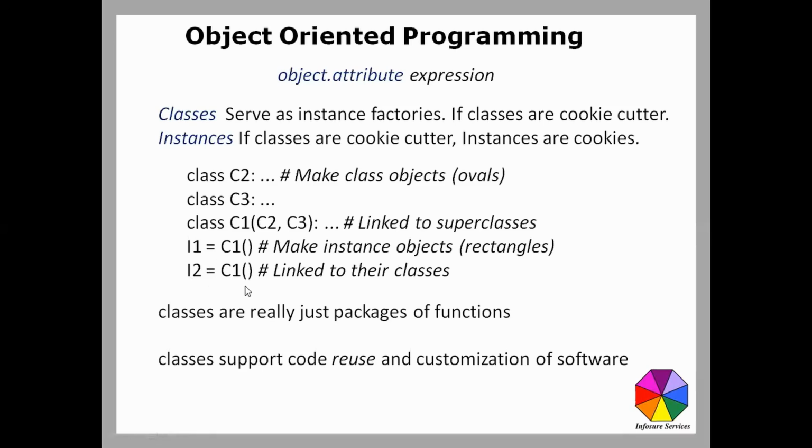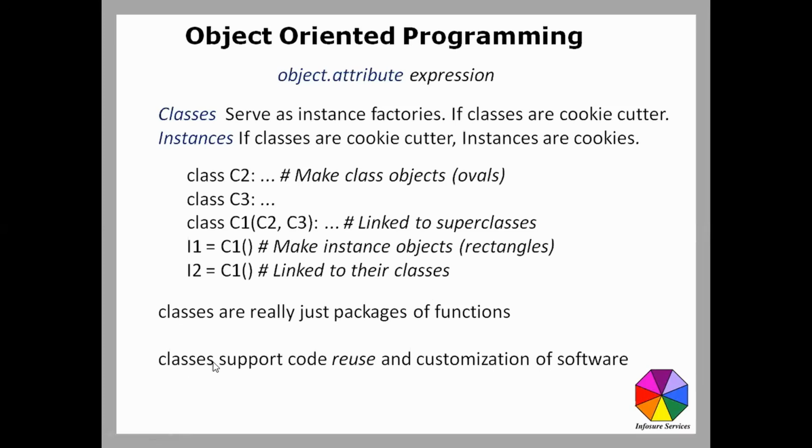Classes are just a package of functions. This is the same encapsulation concept. A class is really a pack of functions and methods. So what do classes support? Classes support code reuse. I mentioned that a class is a data type, so you can create your own data type with classes.